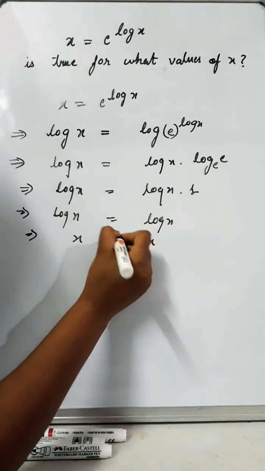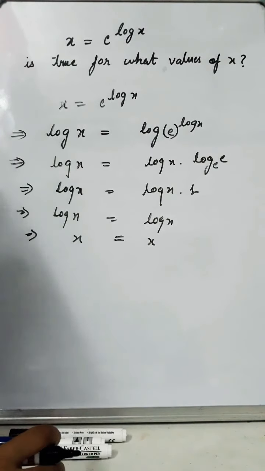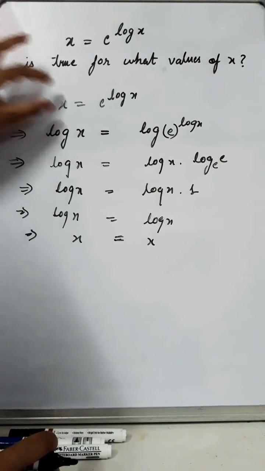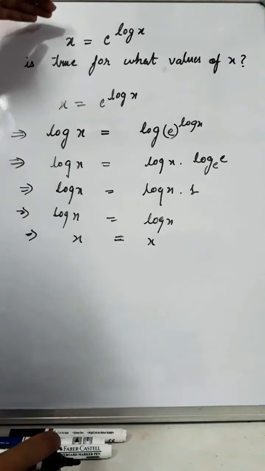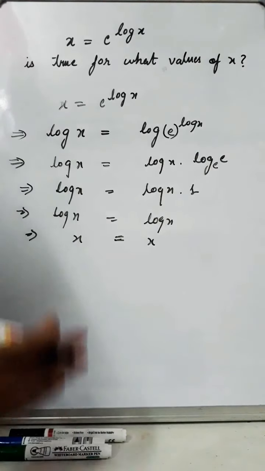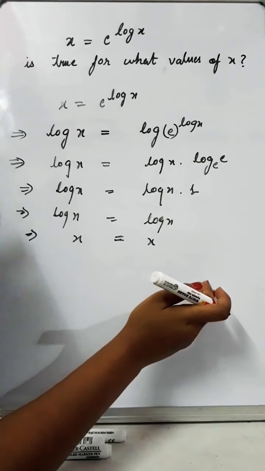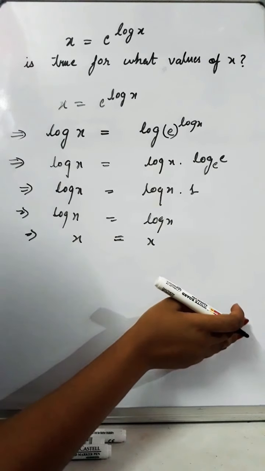But our motto is to find the domain. That means, for what values of x will this equation be satisfied? Is it satisfied for all the real numbers, or is there a certain range of x where only the equation is going to be satisfied?